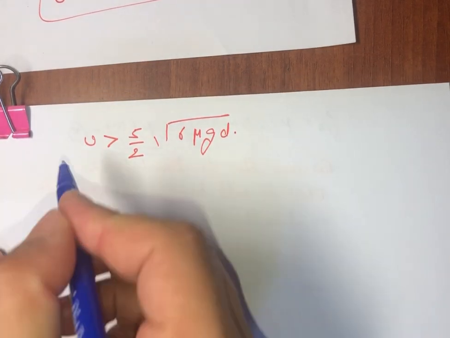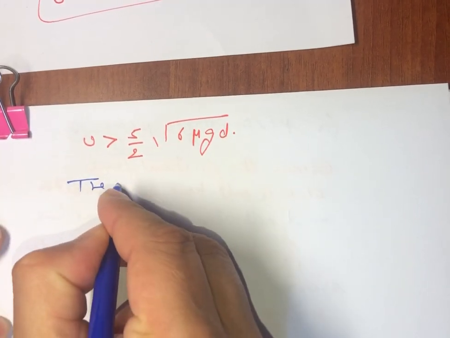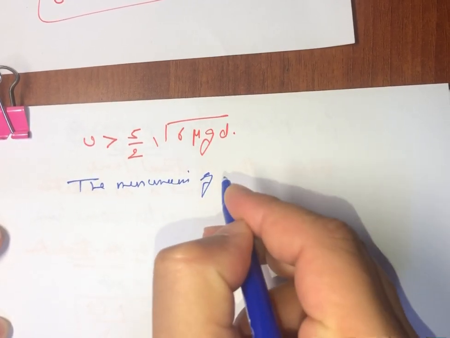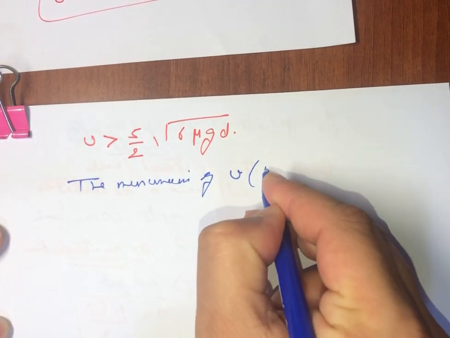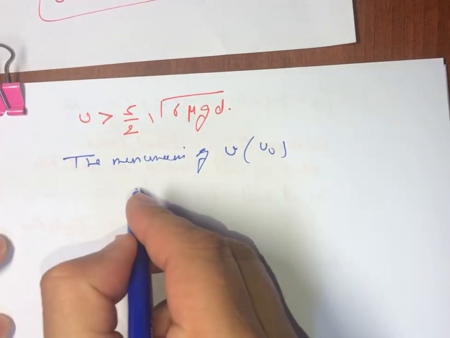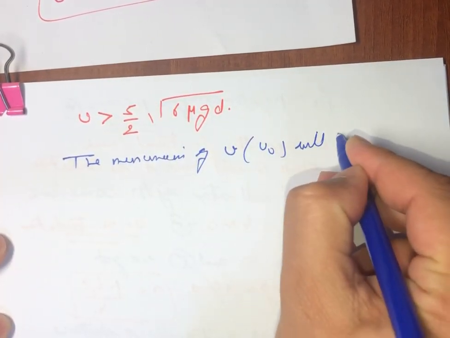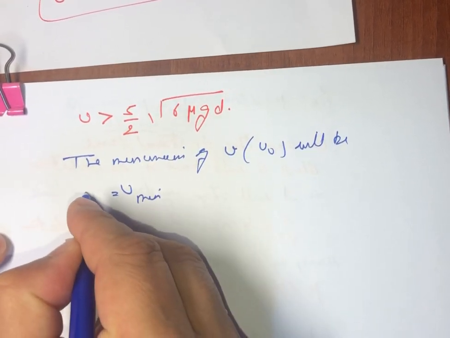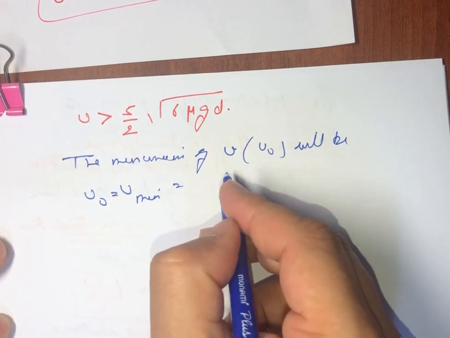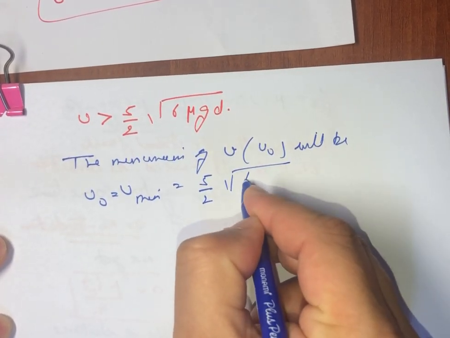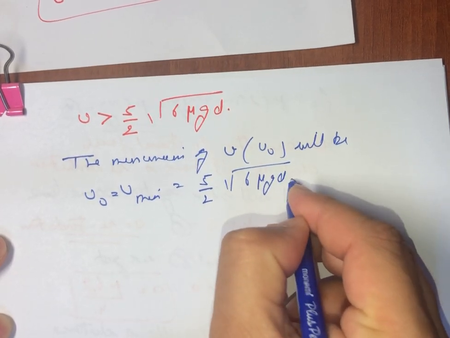So we can say the minimum value of v, which is also given as v naught, will be v minimum, which is also v naught, equal to 5 by 2 square root of 6 mu g d.